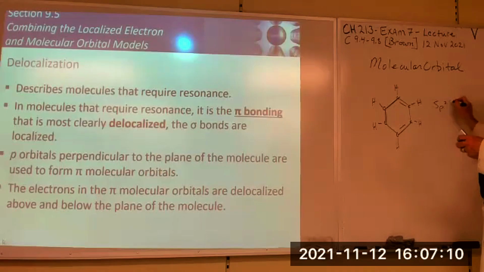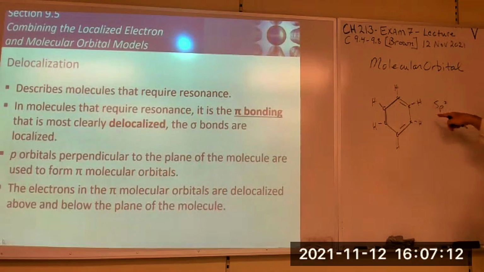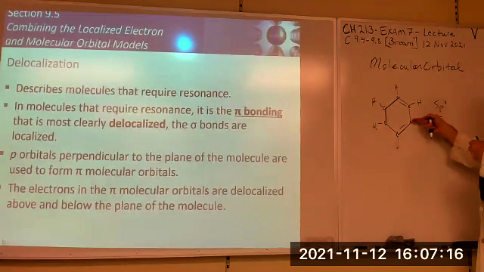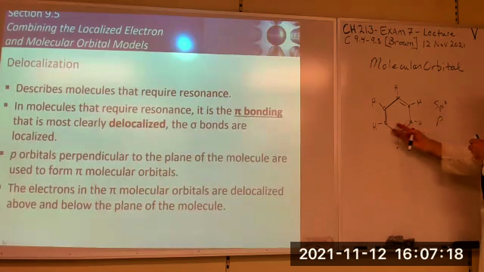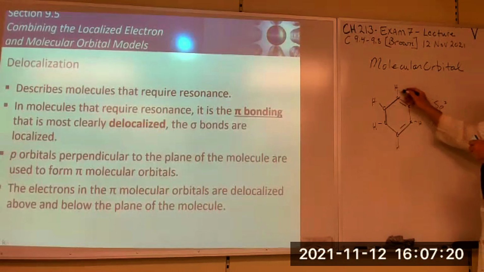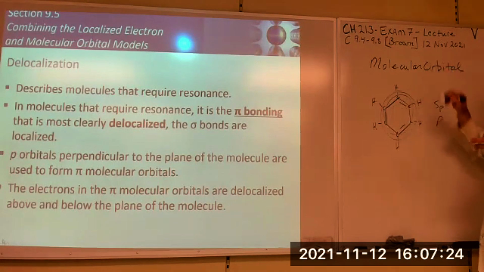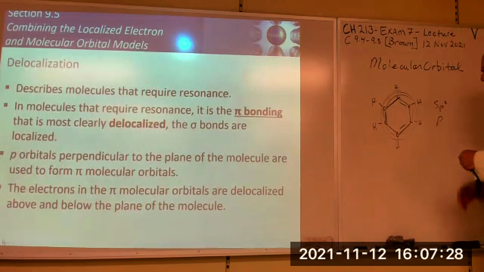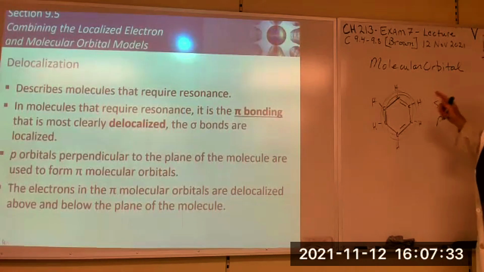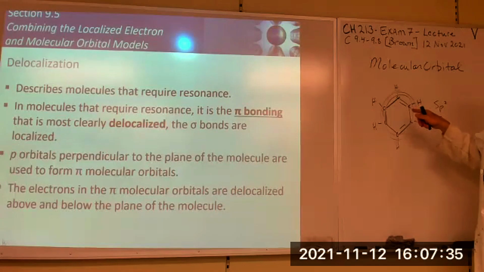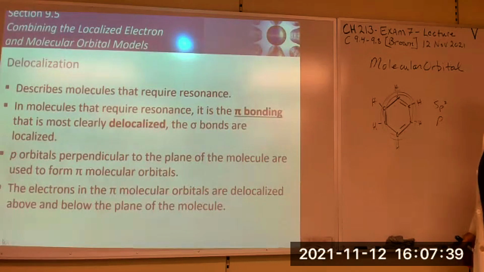So if we invoke sp2 hybridization, then we have unused p's. So the unused p's overlap all the way around, and they form something of a donut of electron density above and below the molecule. So with that being said, we also know that these types of molecules, which are known as, see, I painted myself into a corner.